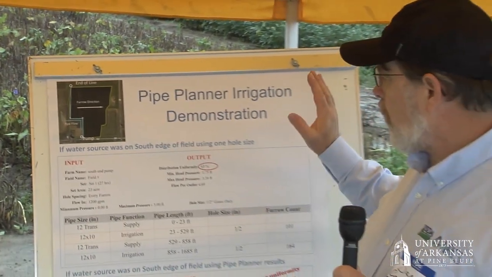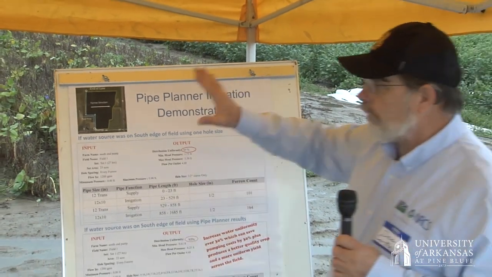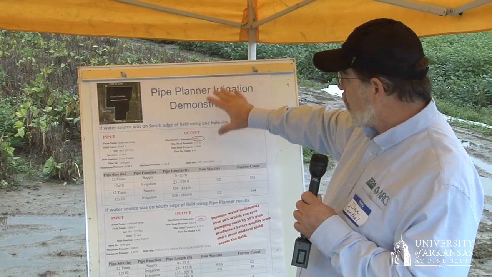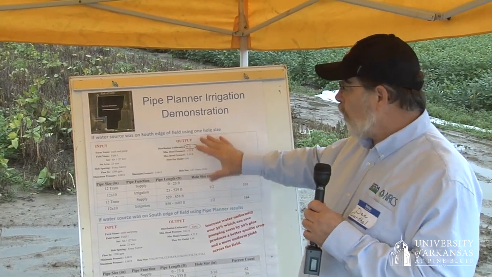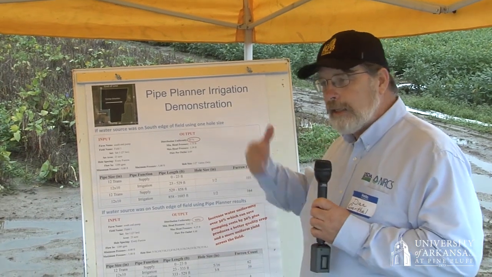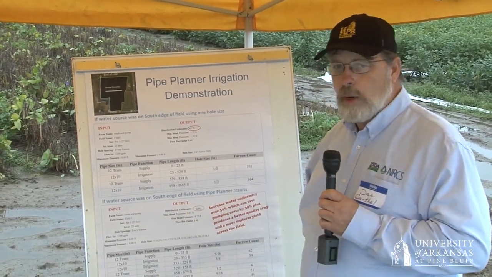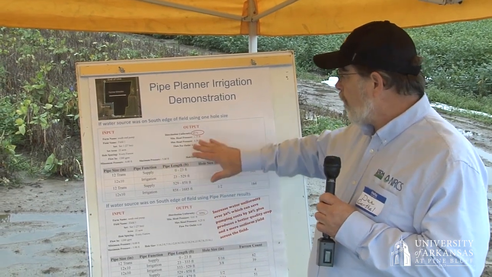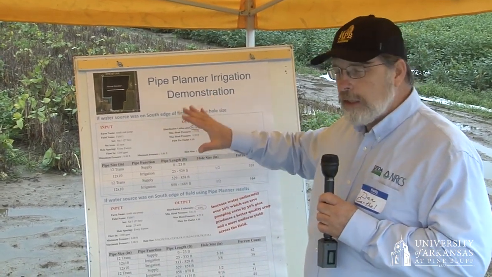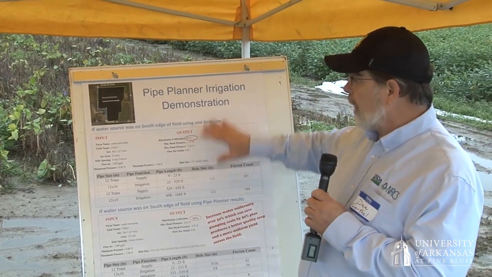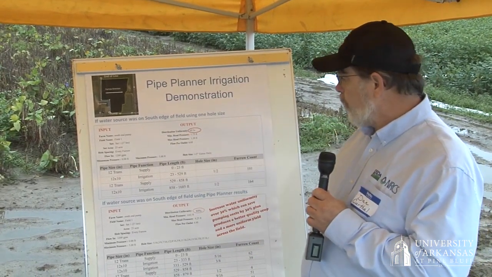We've run some calculations for different setups, and what we're after is what's called distribution uniformity, and that is, how uniform is the water application over the field. If you compare using Pipe Planner to not using it, without it you get 65% uniformity.